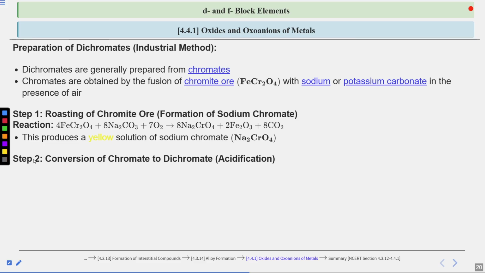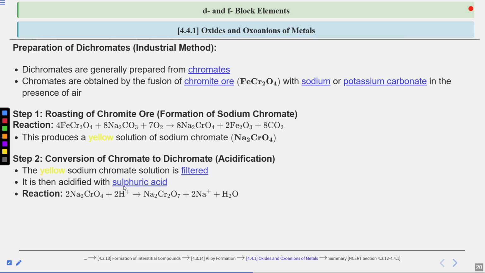Step 2 in the preparation of the dichromate includes the conversion of chromate to dichromate, that is the acidification process. The yellow sodium chromate solution which we got is filtered and then acidified with sulfuric acid.